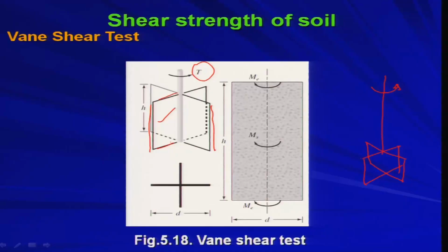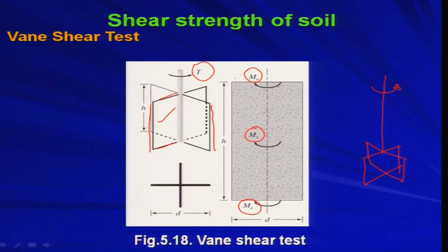Whatever torque you are applying, that torque must be resisted by the shear resistance developed at the sides of the vanes, all the vanes, and at the top as well as the bottom. So, that means this torque is resisted by the side moment, given by the side shear resistance, and the moment developed at the bottom as well as the top.